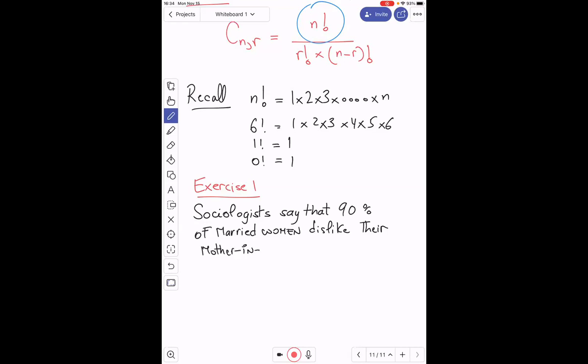So we have a group of, let's say, a group of 6 married women.